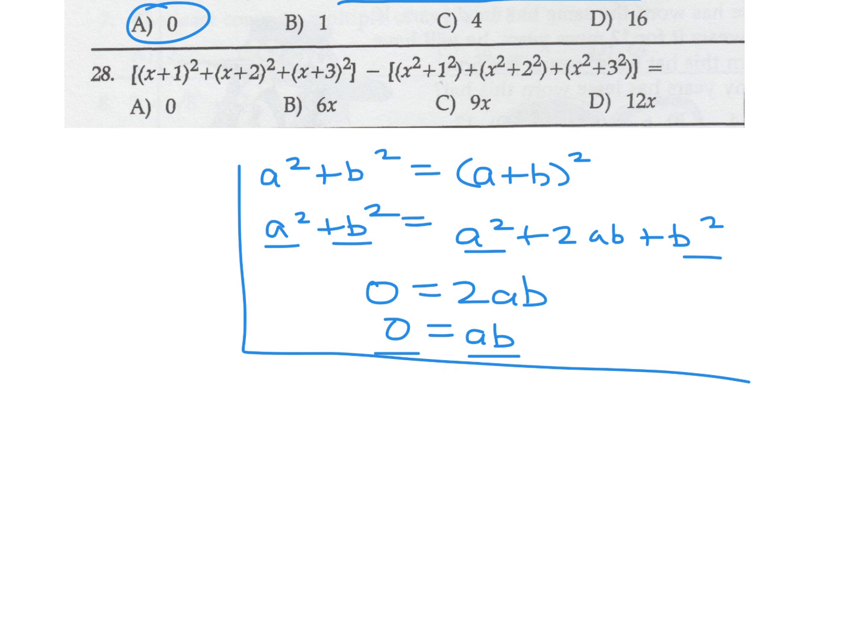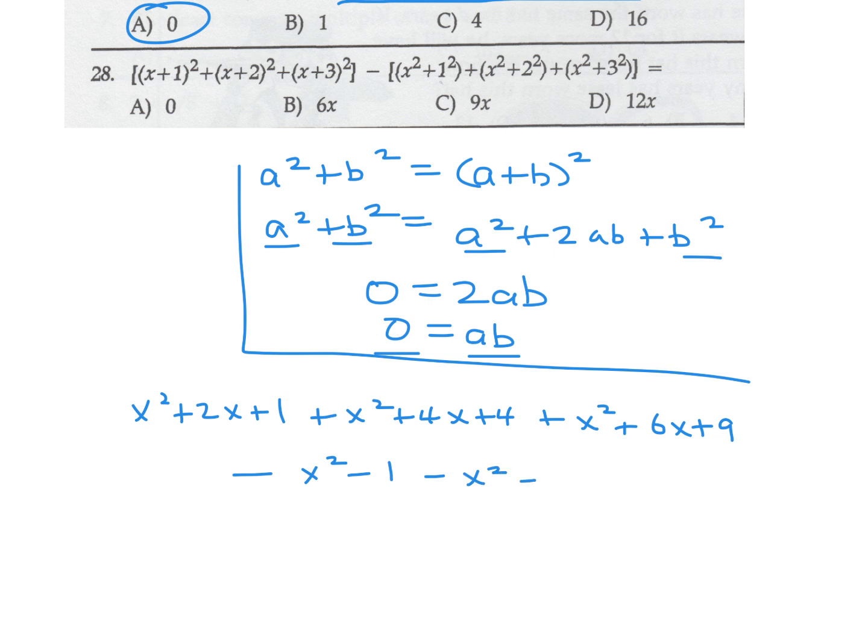So number 28, we have this whole thing minus this whole thing. So x squared plus 2x plus 1 plus x squared plus 4x plus 4 plus x squared plus 6x plus 9. And then we're going to subtract from that x squared plus 1, x squared plus 4, and x squared plus 9.